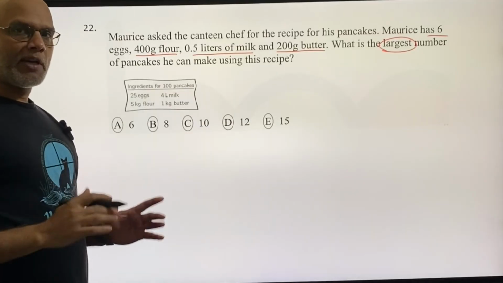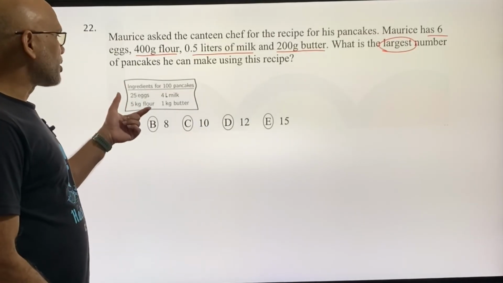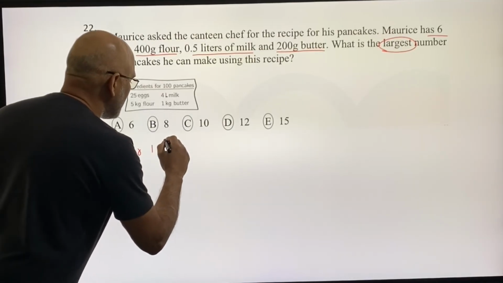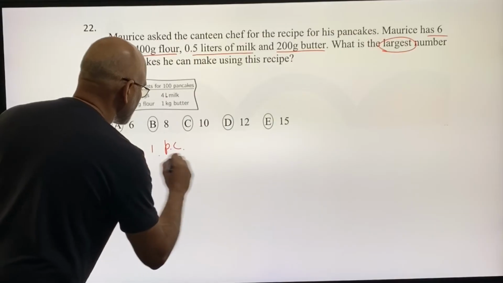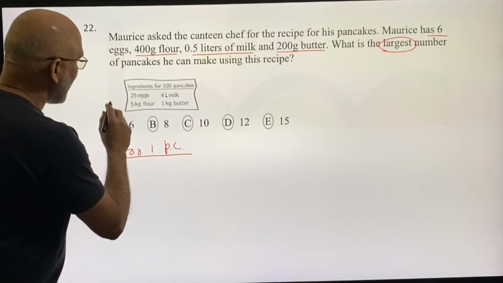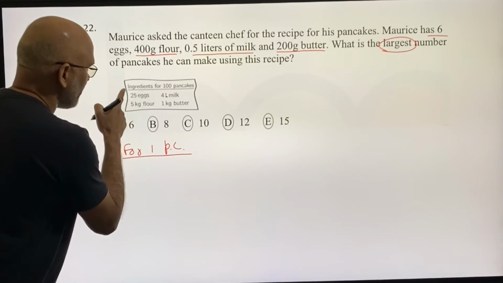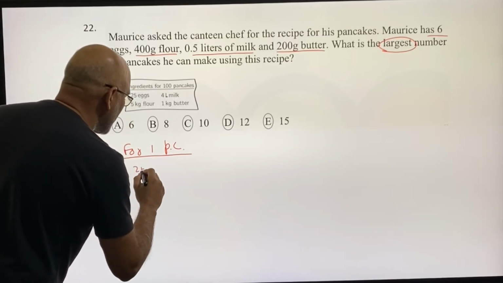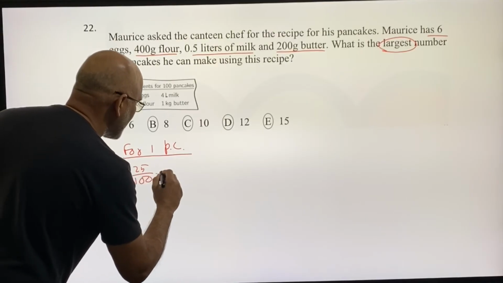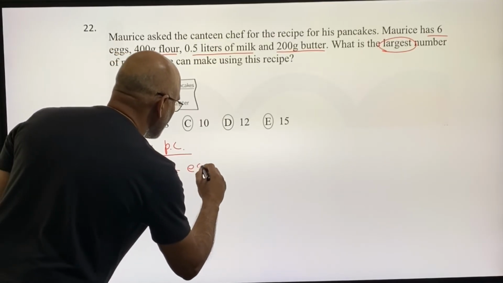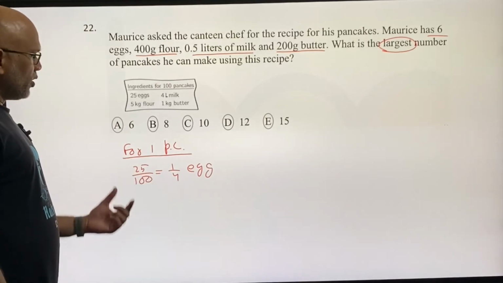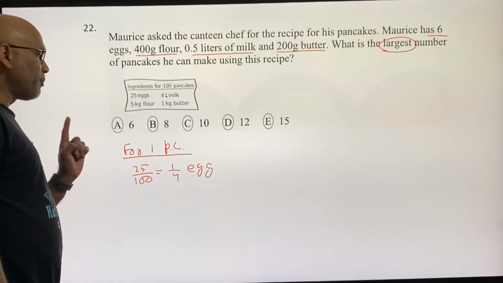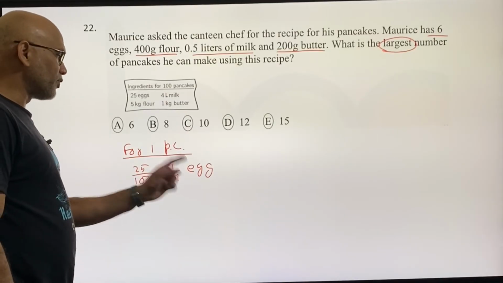Okay, so let me first calculate for one pancake how much of the ingredients I need. For 100 pancakes I need 25 eggs, so for one pancake I will need 25 by 100, which is 1/4 egg.